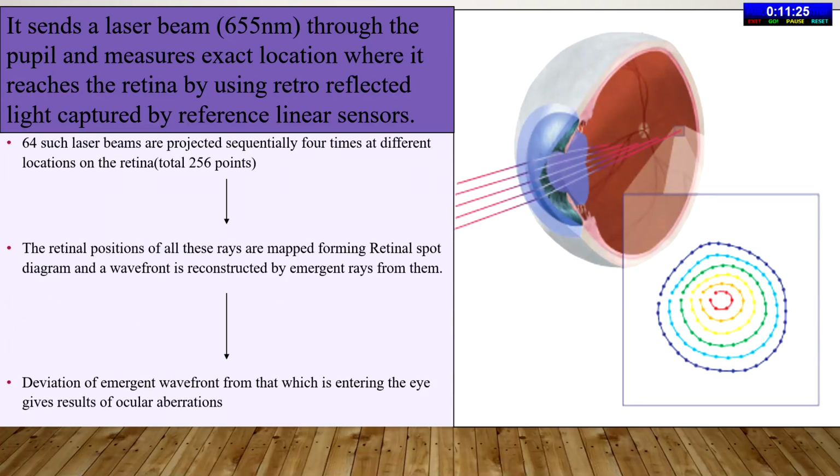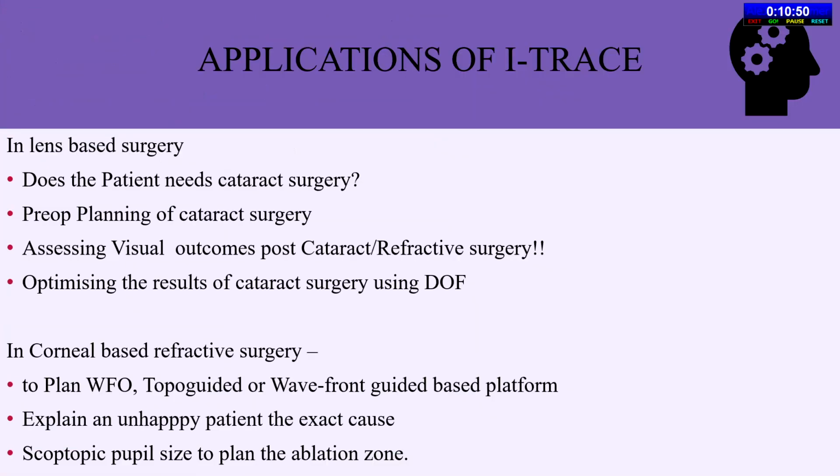The principle behind it is that it sends a laser beam of 655 nanometers through the pupil and measures the exact location where it reaches the retina by using retro-reflected light captured by reference linear sensors. 64 such beams are projected sequentially 4 times at different locations on the retina, a total of 256 points, and the retinal positions of all these rays are mapped, forming a retinal spot diagram, and a wavefront is constructed by the emergent rays from them. Thus, the deviation of that emergent wavefront from what is entering the eye gives the ocular aberrations.